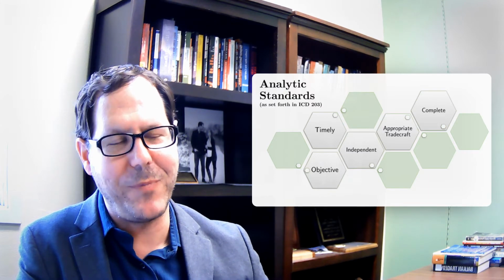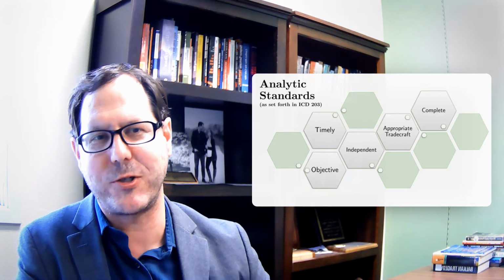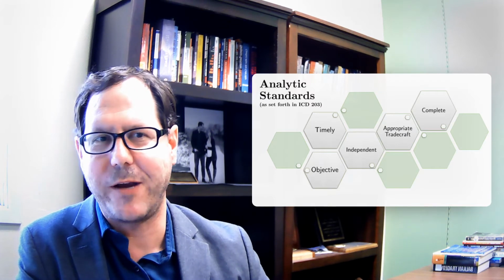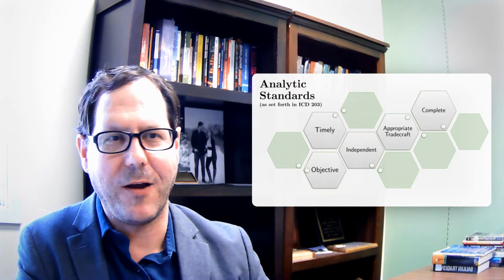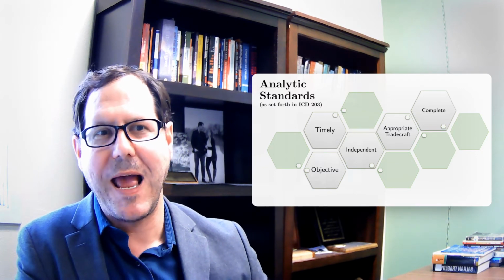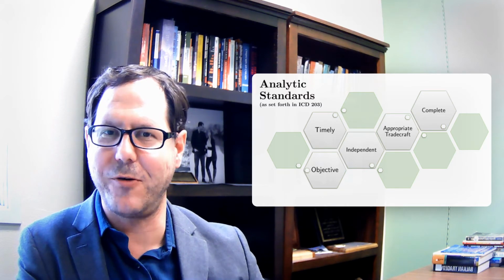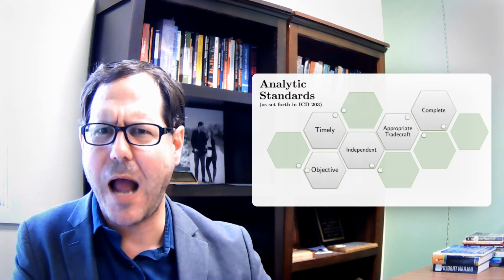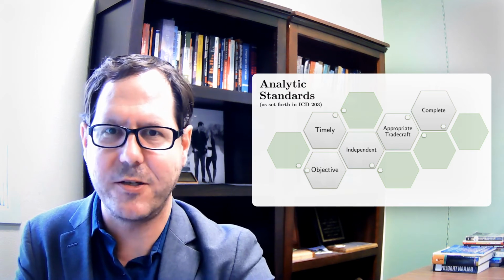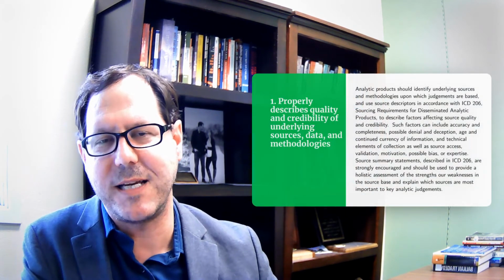Likewise, the analysis should not result from pressure from policymakers on analysts to produce particular outcomes. It should be complete, using all possible sources, and appropriate tradecraft should be employed. We'll talk about that appropriate tradecraft today and the 9 or so elements identified as constituting good tradecraft that should be incorporated where possible in these kinds of analyses.